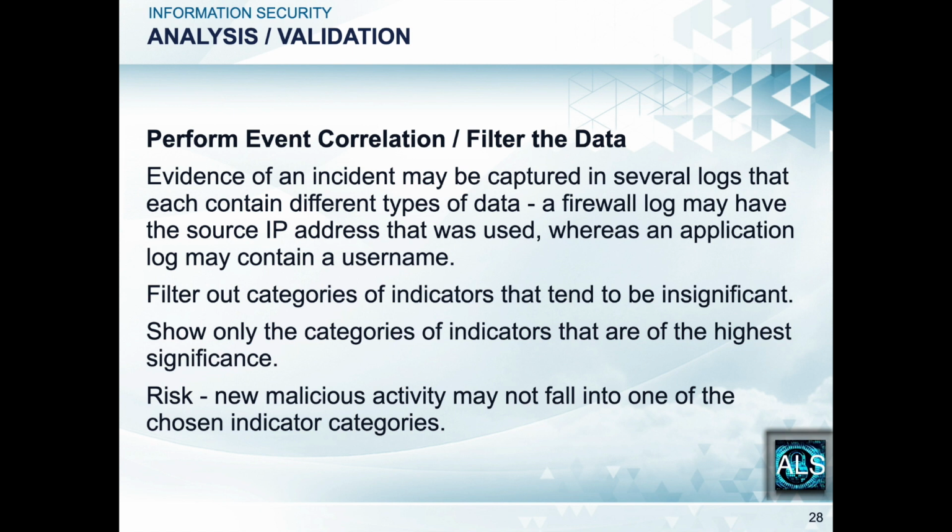Perform event correlation and filter the data, being able to look at the categories of your indicators and separate the highest significance from the lower significance, and then having an understanding from the technical side of how this will affect our network.